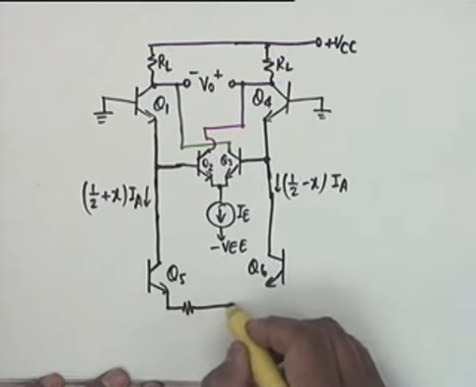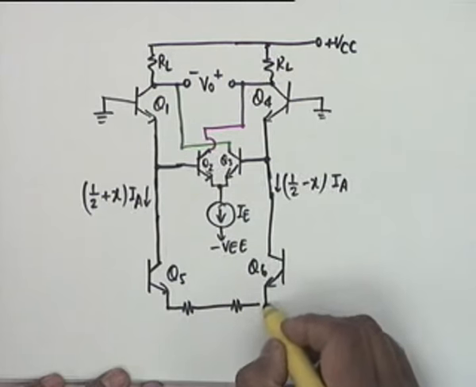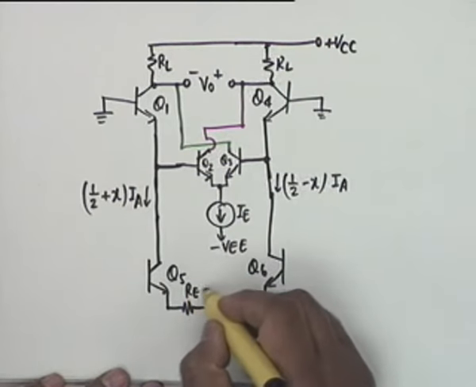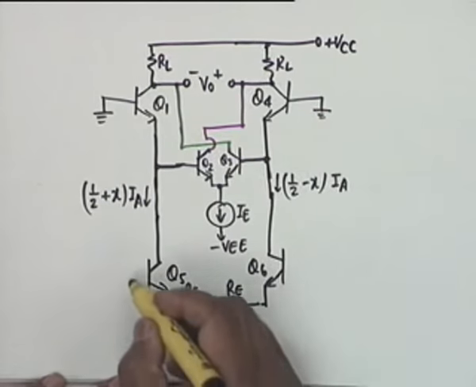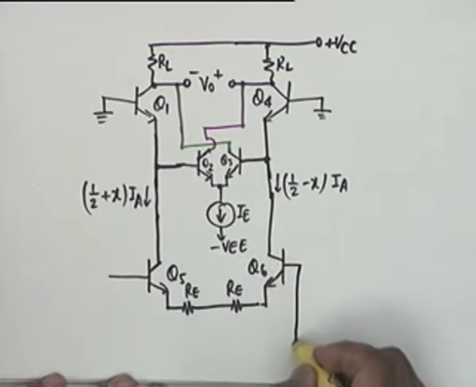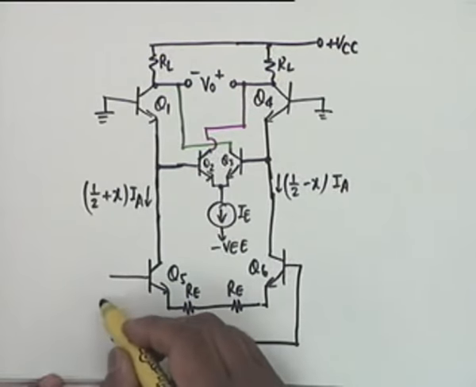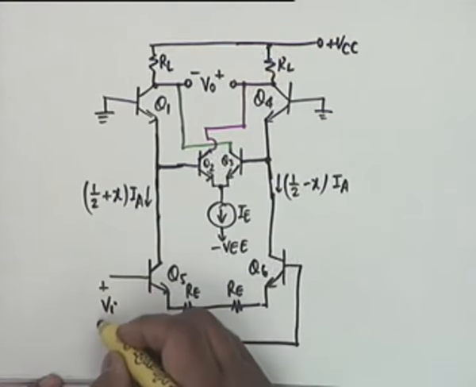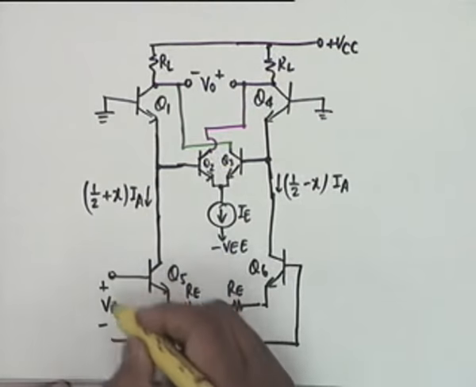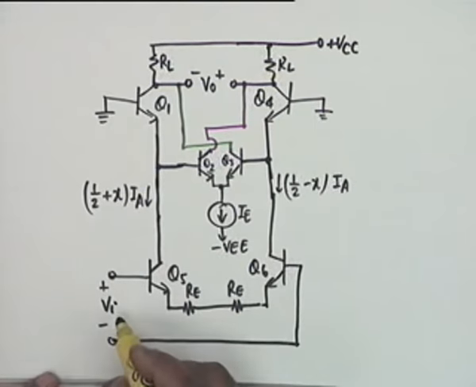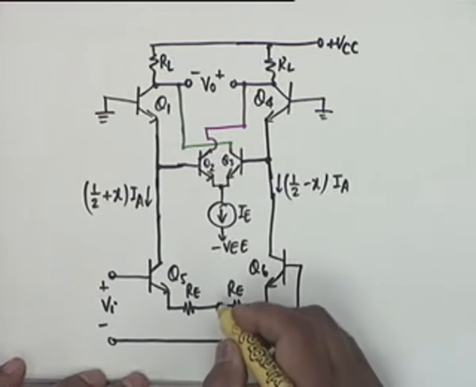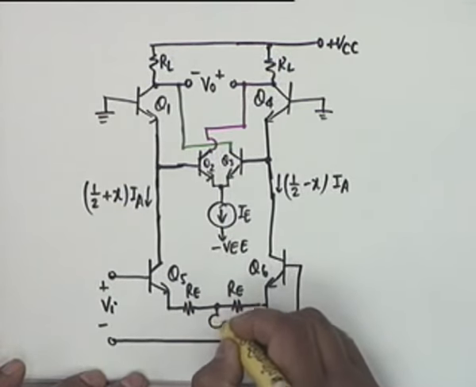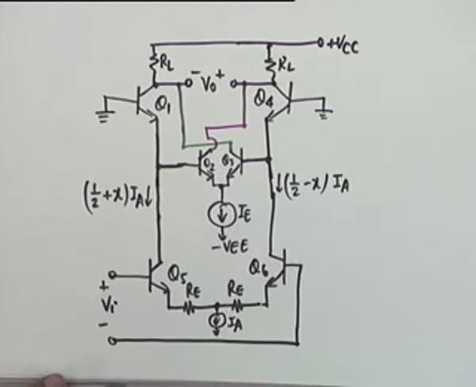Then there are two small resistances, RE and RE. You connect the voltage source, the signal source VI, between the two bases, and that is converted into two currents, half plus x IA and half minus x IA. Obviously IA is the current generator that goes here.